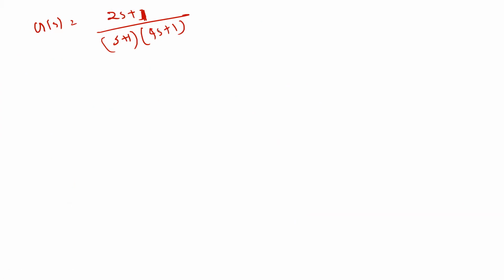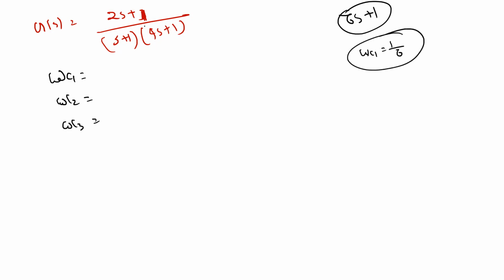First, you have to calculate omega c1, omega c2, omega c3. If this is tau s plus 1, your omega c is equal to 1 upon tau. So here omega c1 is equal to 1 by 2, so this will be 0.5.